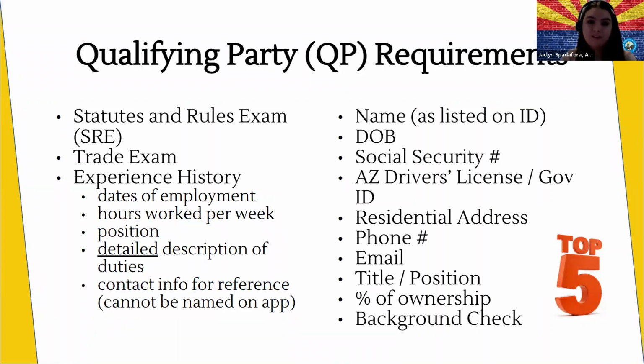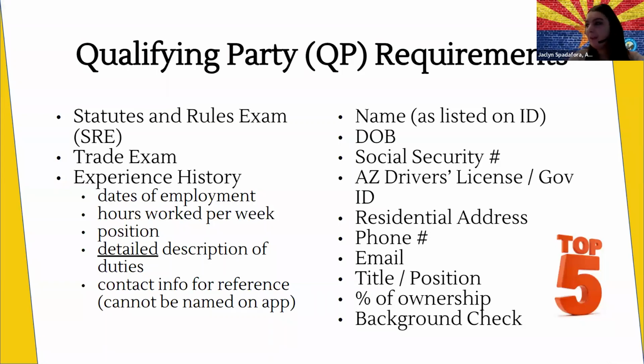We're also going to need their experience history. So that'll include things like dates of employment, hours worked per week, the position, a description of the duties, contact information for a reference. Something to note for the reference is it can't be anybody who's already named on that application, but it can still be family members, other people who've firsthand witnessed your experience, just not anybody also named on your application.